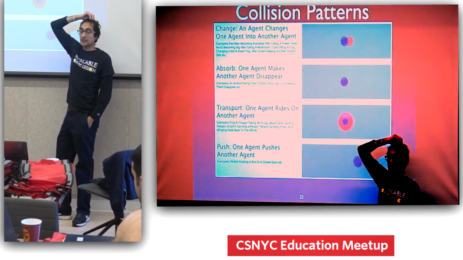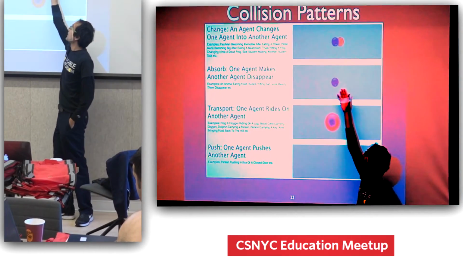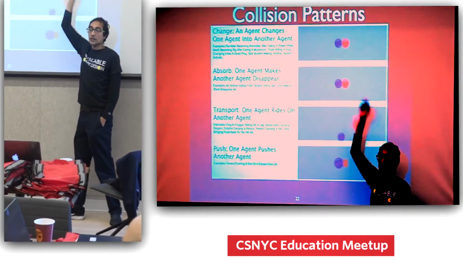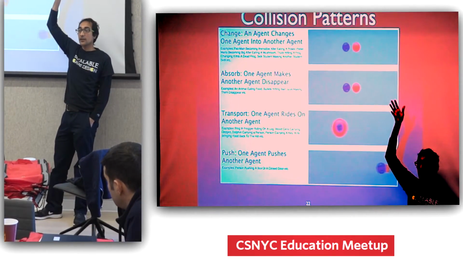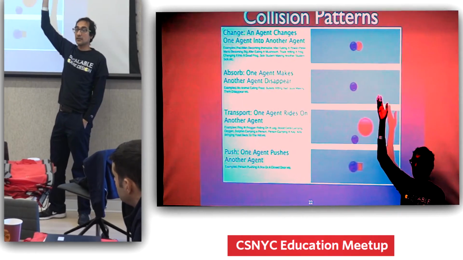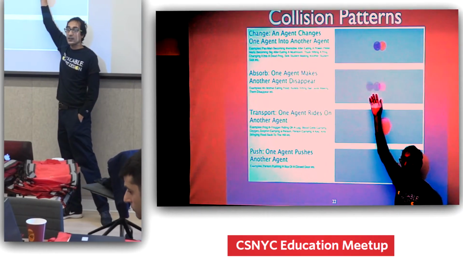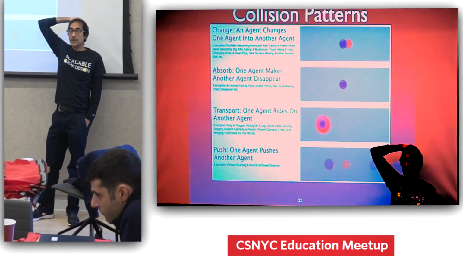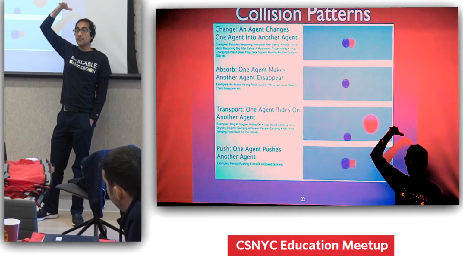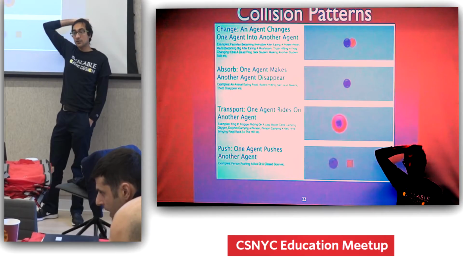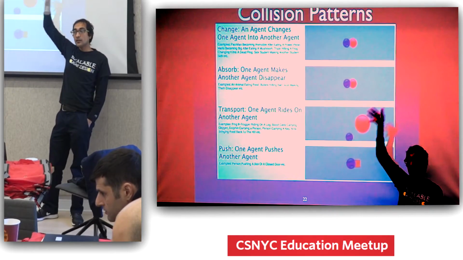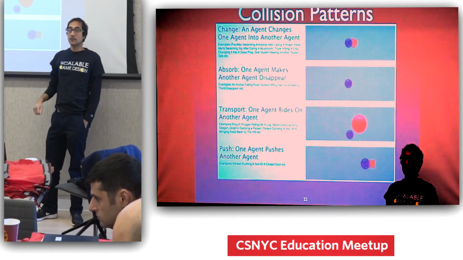Now we can think of it in different contexts: in our frog game, one agent making another agent disappear, and also in a predator-prey simulation, a predator coming into contact with a prey and making it disappear. As they learn these games, we make these computational thinking patterns explicit, and then they transfer them to other games and simulations.